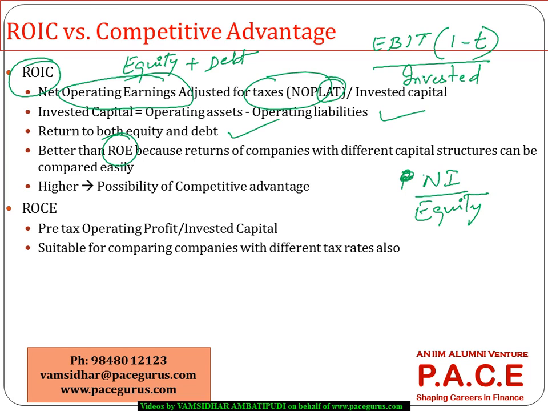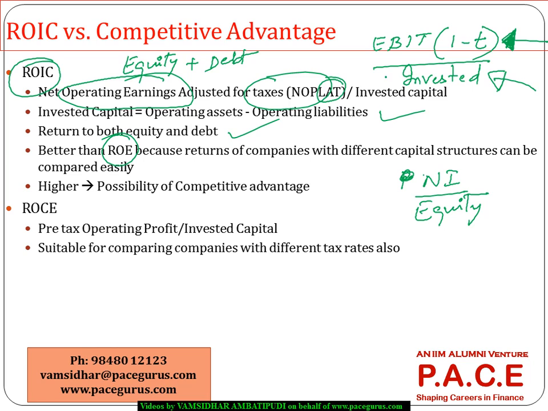Whereas here we are looking at the capital, both equity as well as debt, and the return also is the return which is applicable both to equity as well as debt investors, not the government for the tax. Right? So this is a much better thing than ROE, and especially if I have to compare two firms with two different capital structures, ROE is not a good mechanism at all.